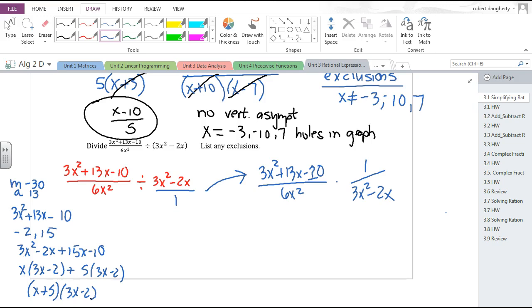They're long, okay? So that tells me that this first thing is what? X plus 5 over 3x minus 2 divided by 6x squared. How do I factor that thing, the next one there? What do they have in common? 3x squared minus 2x. X. And you're left with what? 3x.